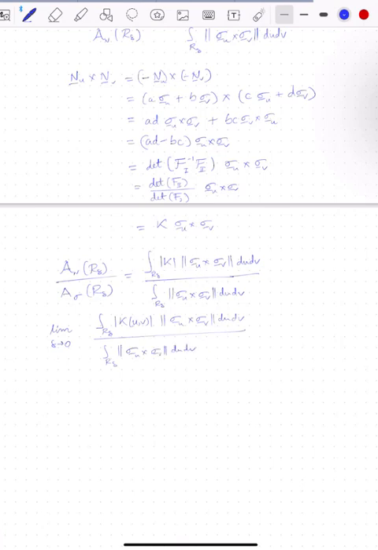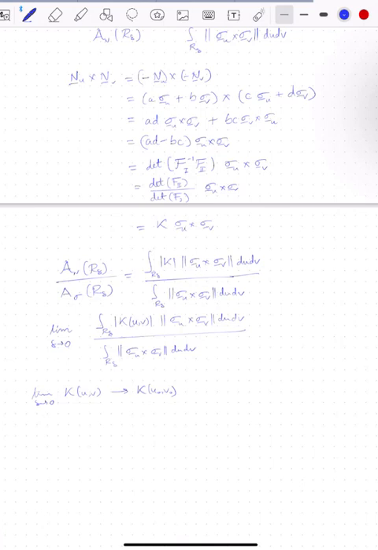So as delta tends to 0, K of u v also tends to K of u naught v naught.